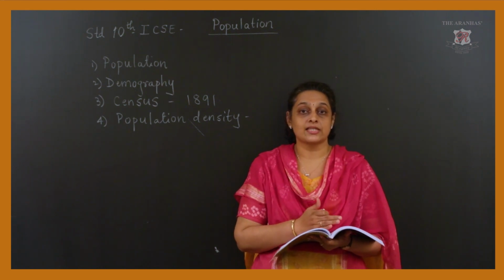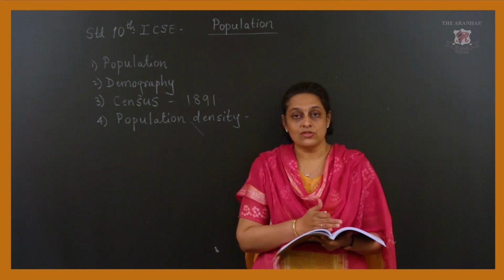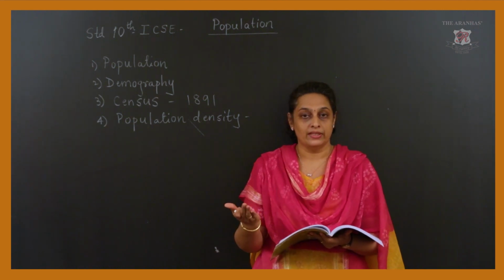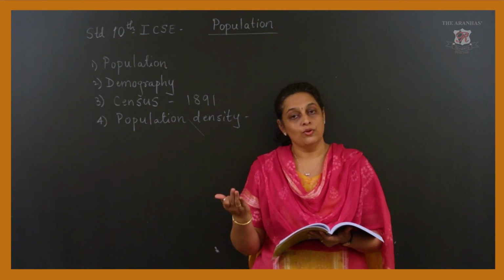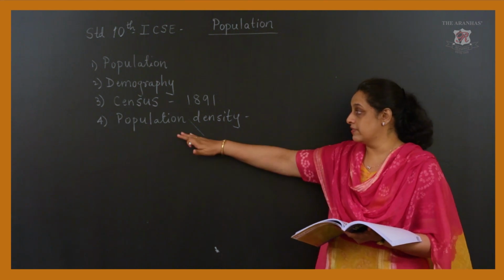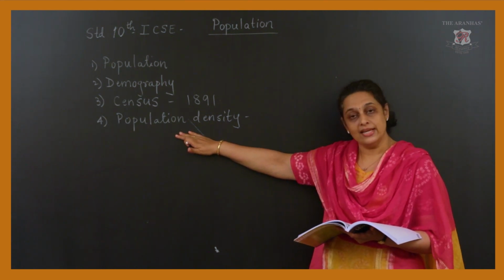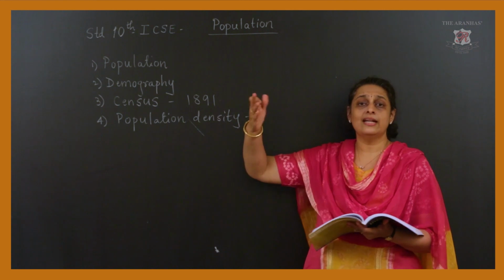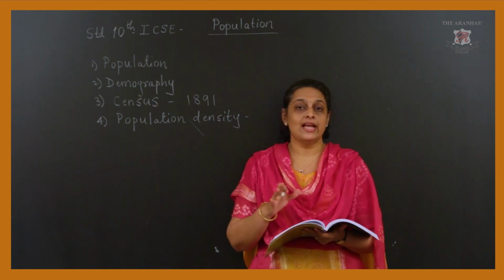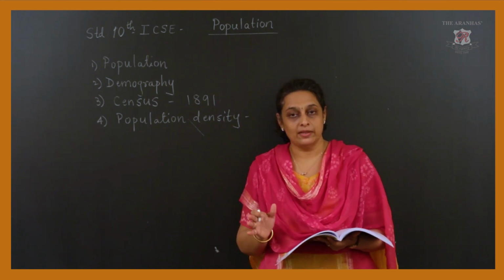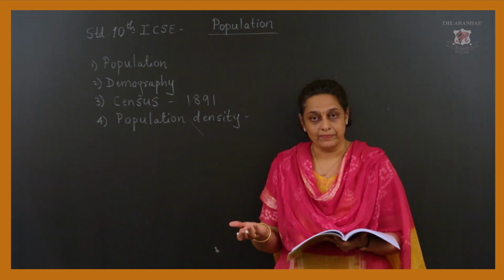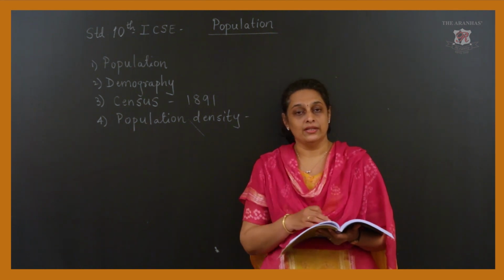If climate is extreme, if climate is not favorable for people to survive or to live, then obviously you will find few people living in that area, and that is why population density is less. On the other hand, the area where climate is very nice to live, quite comfortable, population density is likely to be more.